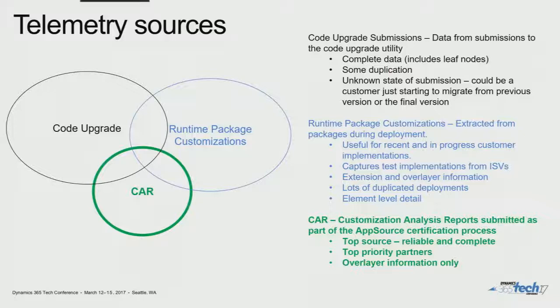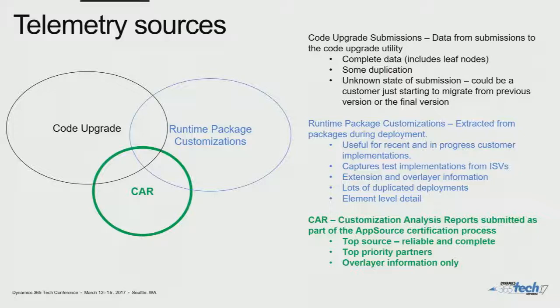And then the third circle on the bottom is the customization analysis reports, or CAR, that we get from ISVs as part of the curation process for a solution going into AppSource. So each of these has some benefits and some drawbacks.